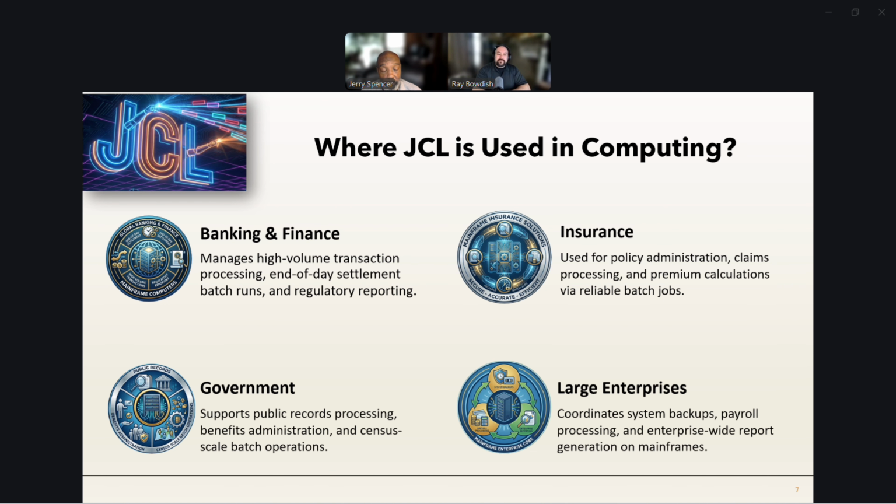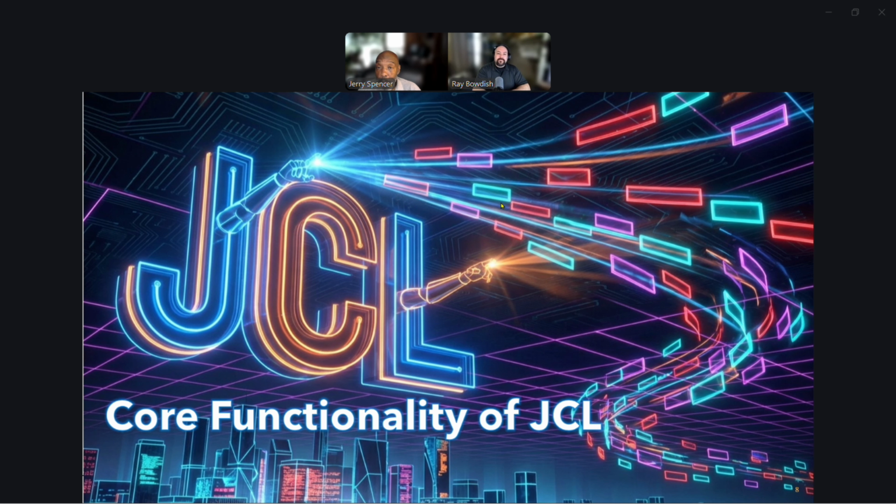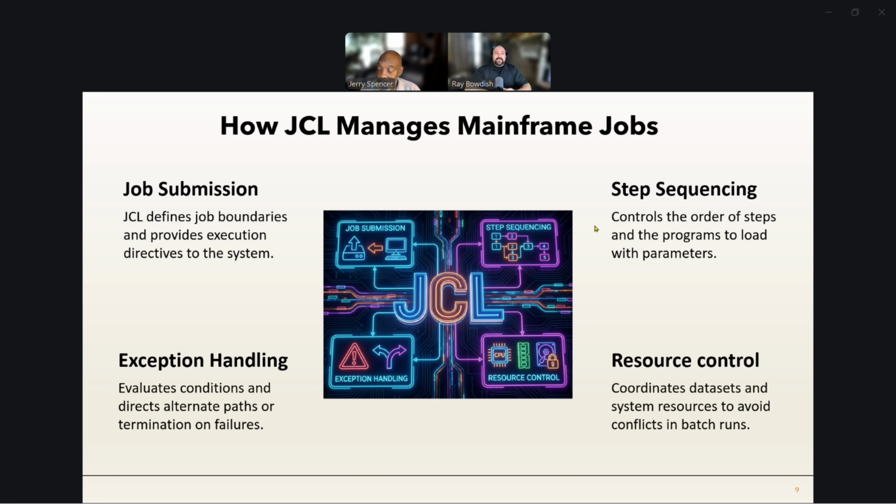All right, so now we're going to look at the core functionality of JCL and turn that over to Ray. Yeah, so the core functionality of JCL, as Jerry said, is job control. You have to submit this to the system in order for the system to do anything. In the JCL, you tell the system what resources to use, what sequence to do things in, what programs to use, and exception handling.